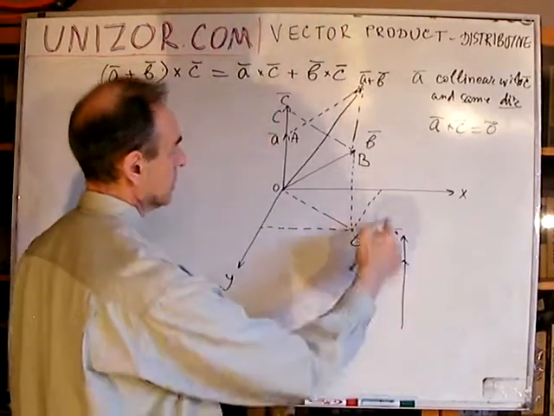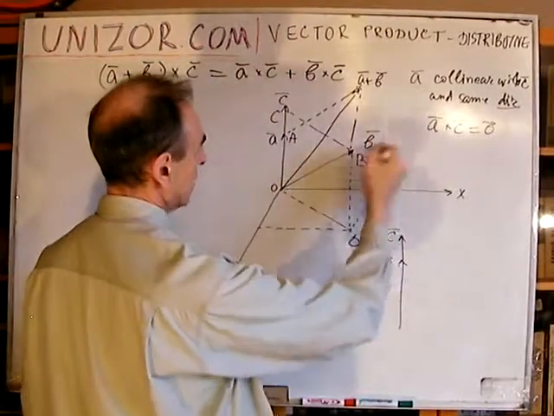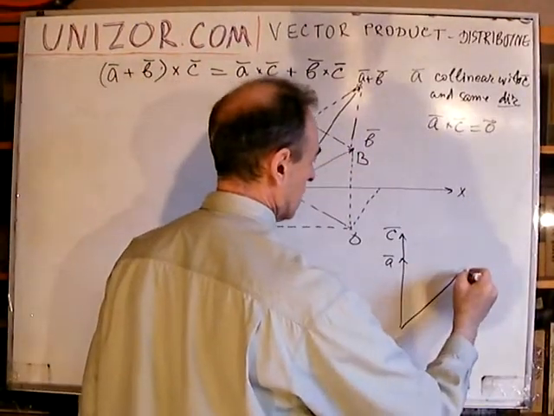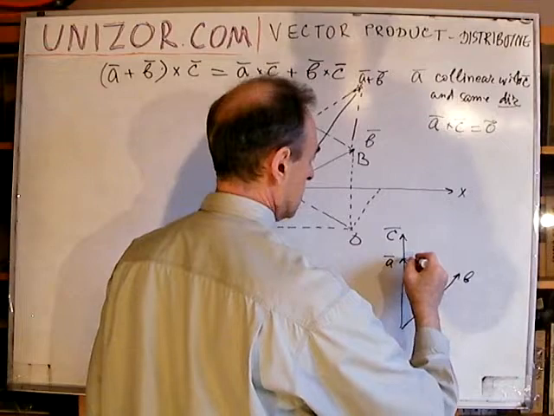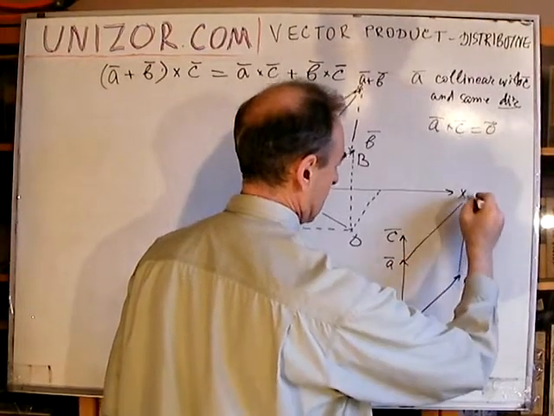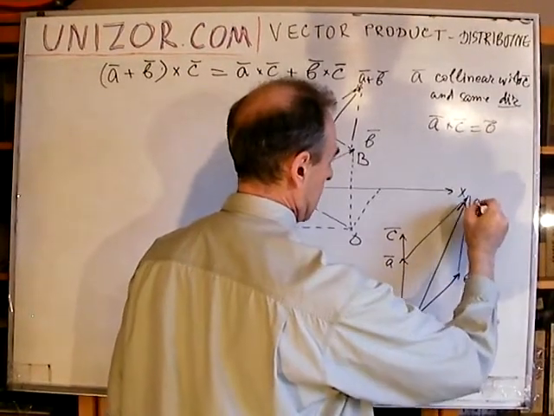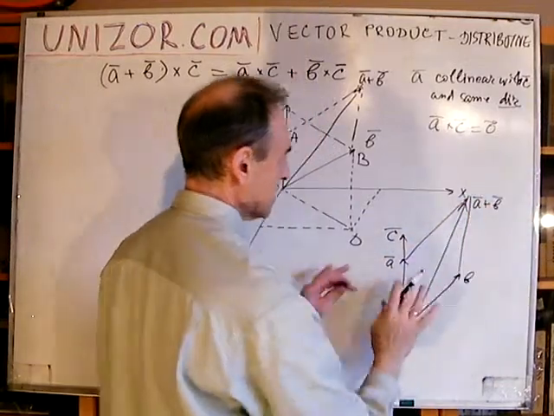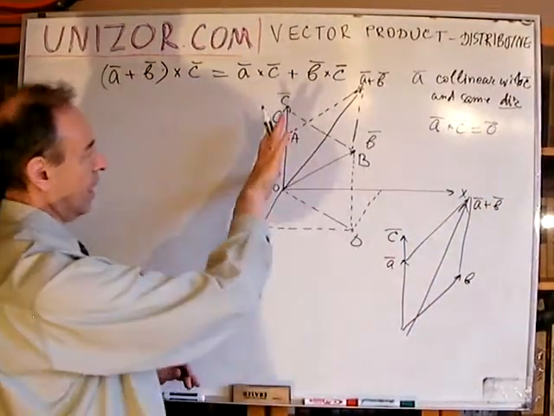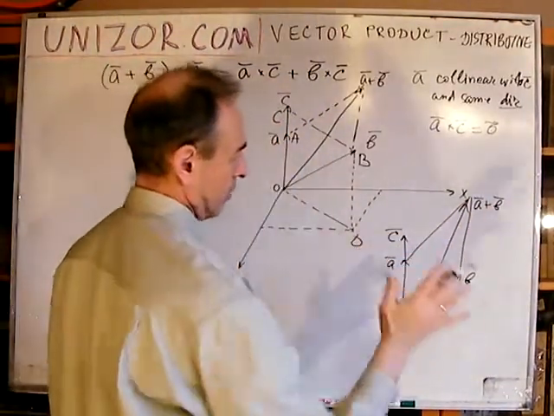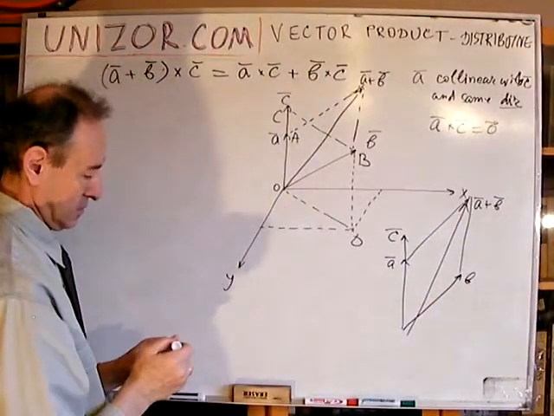Now A vector is coinciding with C. At some angle I will have B. And here I have A plus B. So this is just the view of this plane from the side of it.